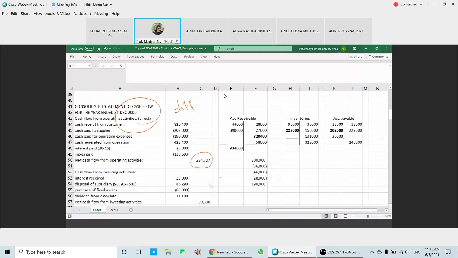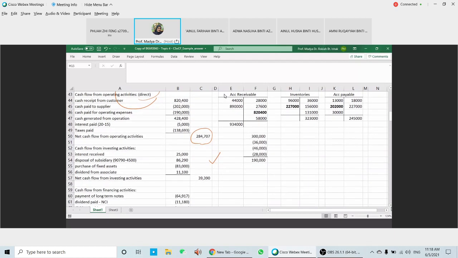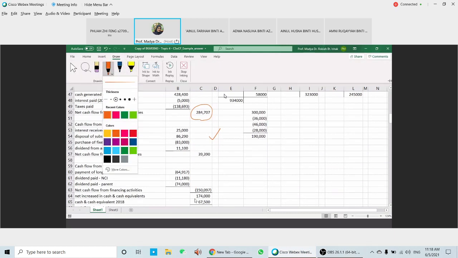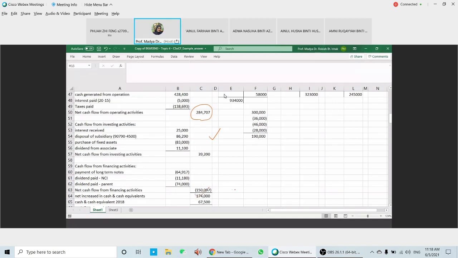It is the same method, the same things that you have here. The difference is only for operating.